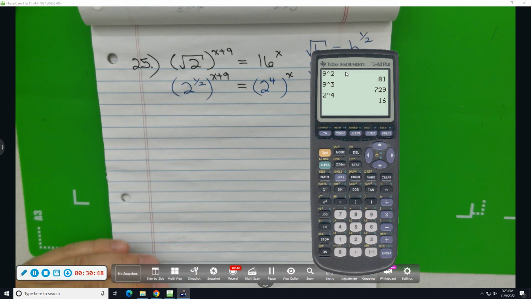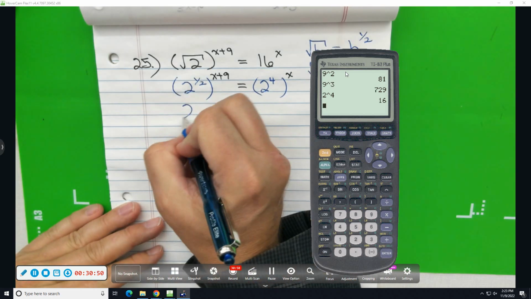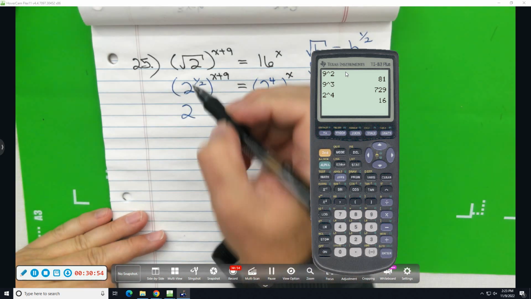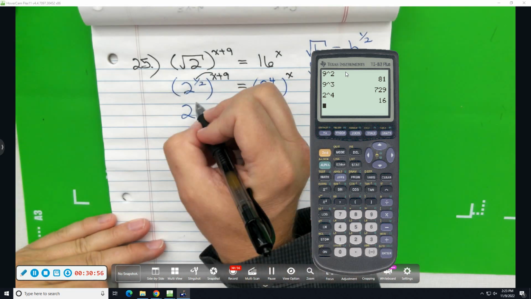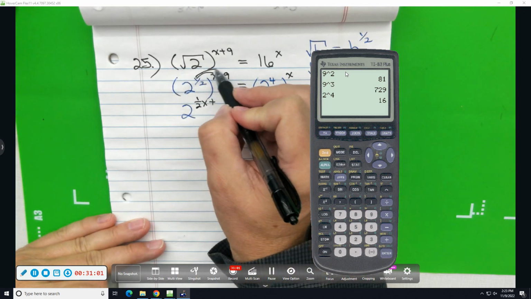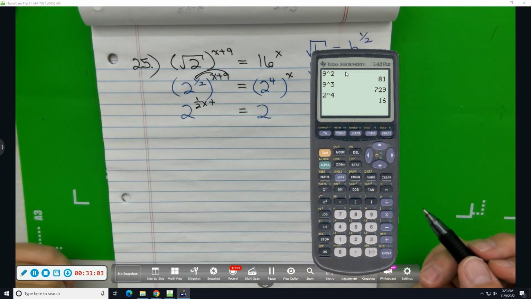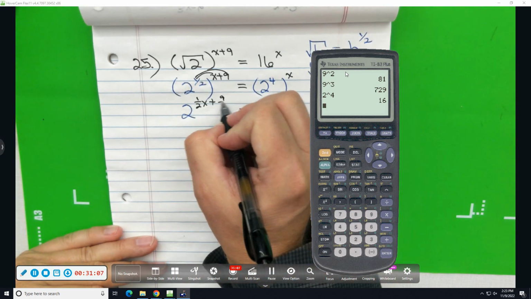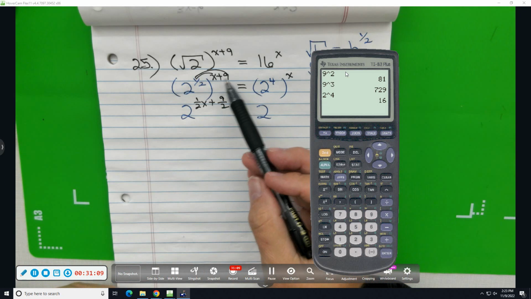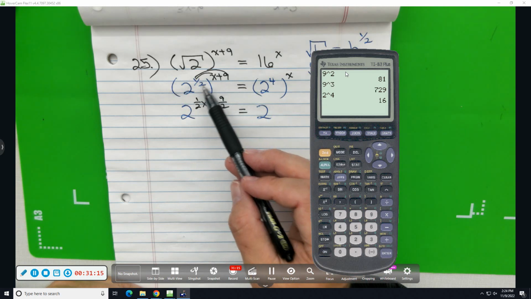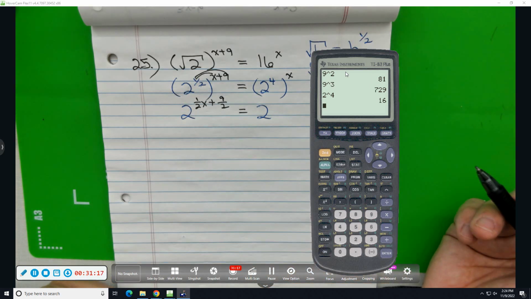Powers raised to powers, we're going to have to multiply. So there's 2 and 2. 1/2 times x is 1/2 x plus, what's 1/2 times 9? 9 over 2, I agree. Only multiply the 1 times 9 is 9. 2 times that 9 is like a 9 over 1. 2 times 1 is 2.